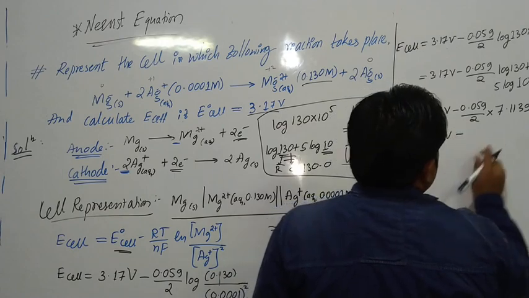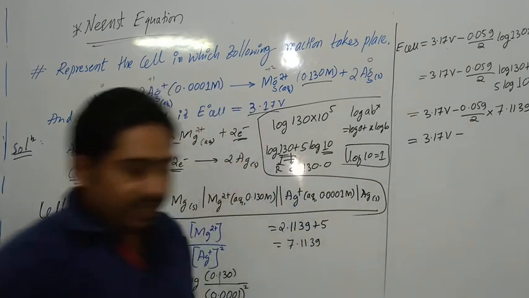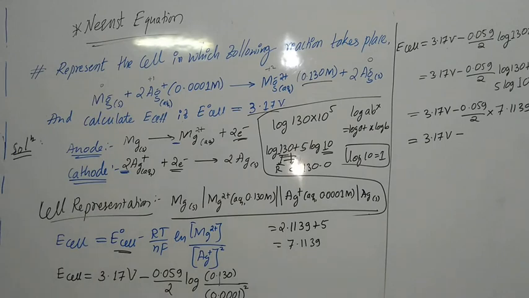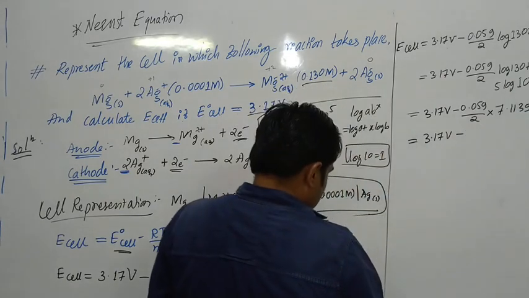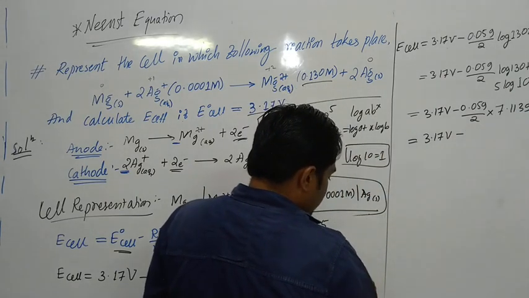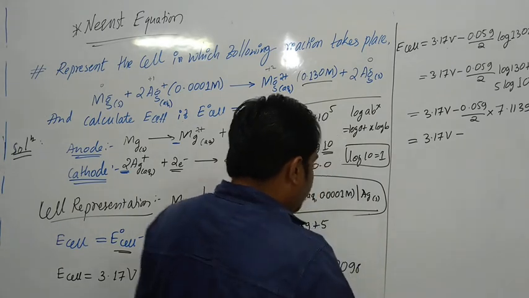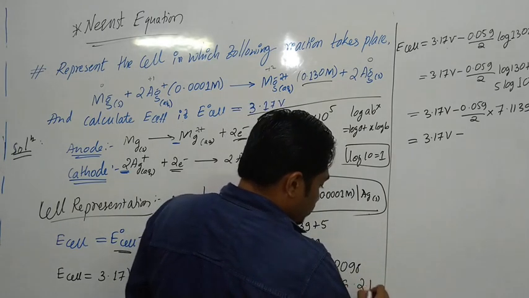Now it becomes 3.17 volt minus. For this I need a calculator. So this entire value becomes 0.2098. For the sake of simplicity, I will take 0.21.